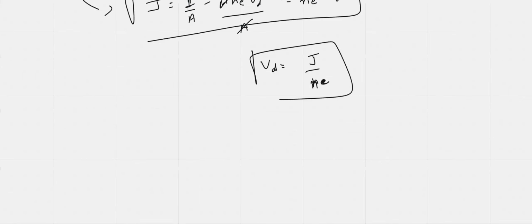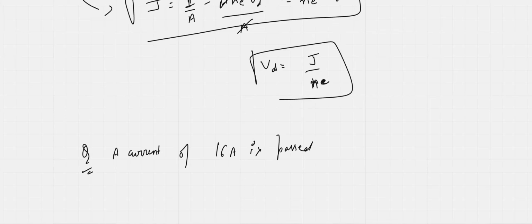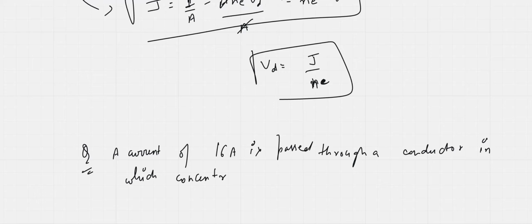So I'm just giving you one problem. Try to solve it. A current of 16 ampere is passed through a conductor in which the concentration of electrons is 4 into 10 to the power 28 per meter cube.